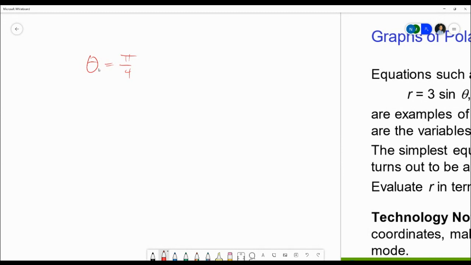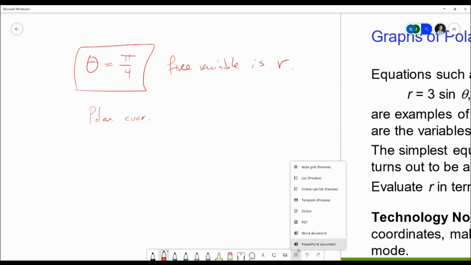So you see here in this equation, the free variable is r because you don't see an r in this equation, right? So what do you think this graph is in polar coordinates? It's r comma pi over 4.